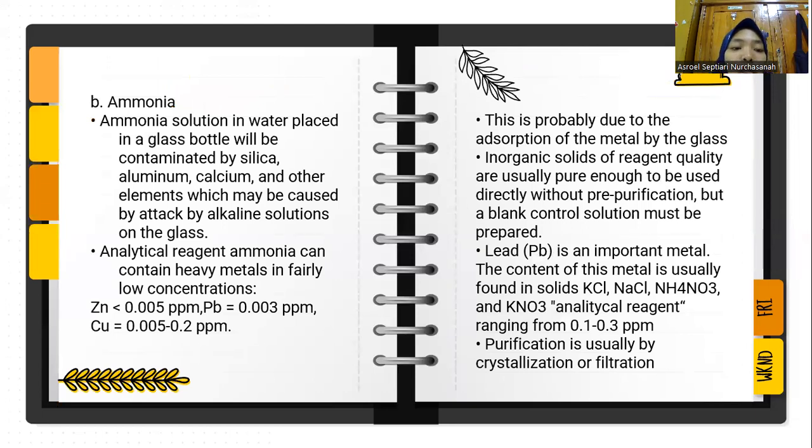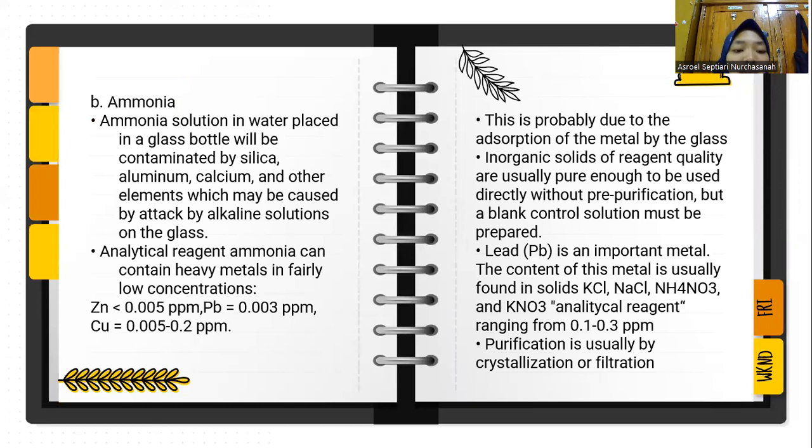Ammonia. Ammonia solution in water placed in a glass bottle will be contaminated by silicon, aluminum, calcium, and other elements, which might be caused by attack of the alkaline solution on the glass.